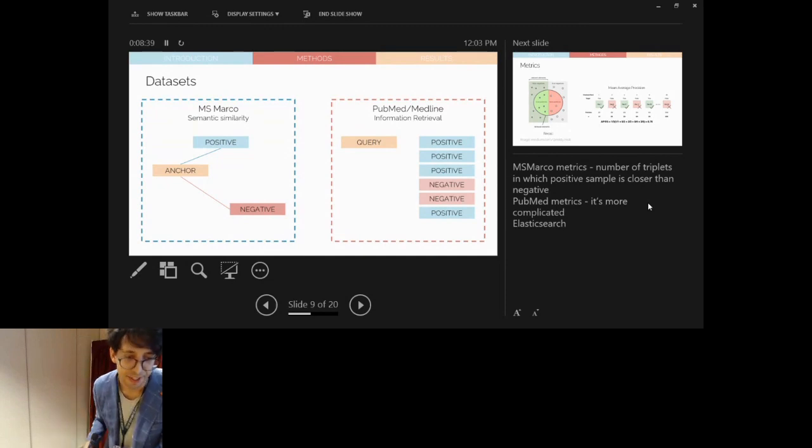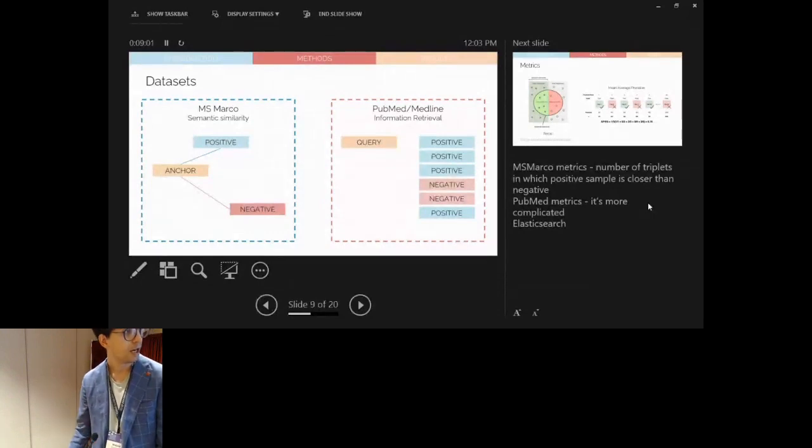We have been using a scaled down version, so not all 30 million publications, but only 100,000. But still, it is a non-trivial amount of publications, and a person looking for information cannot just go through all of the 100,000.